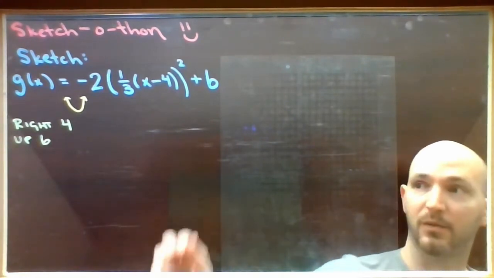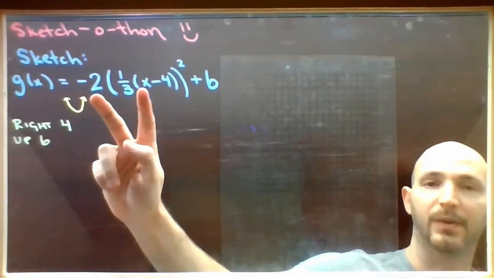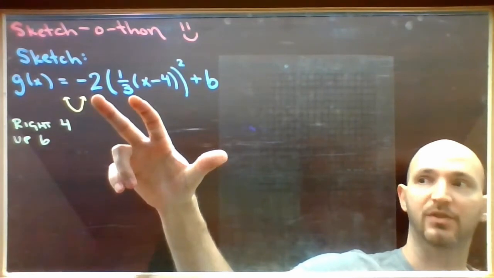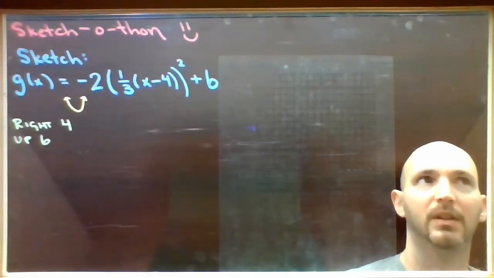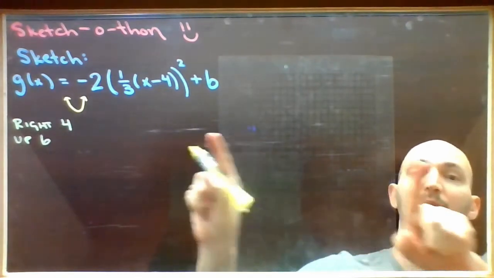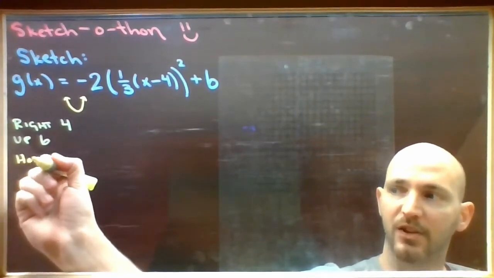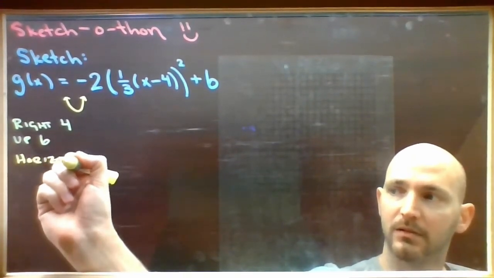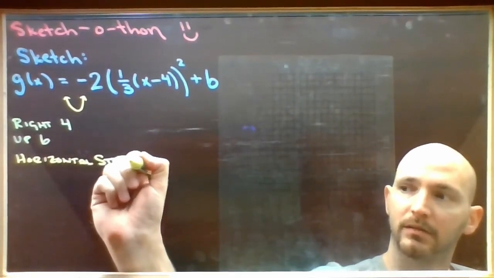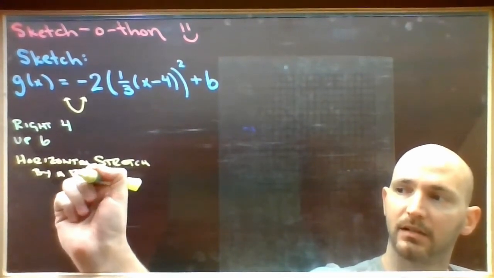And I'm going to hunt for my multiplication factors. That's these two here. The 1/3 on the inside is a horizontal compression or stretch. So a factor of 1/3 means my x's are 1/3 as effective. So I'm going to be 3 times as far from the y-axis. So it's a horizontal stretch by a factor of 3.